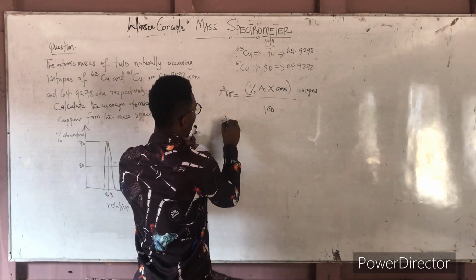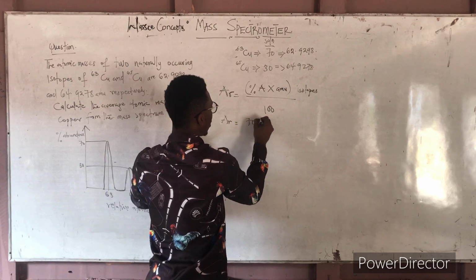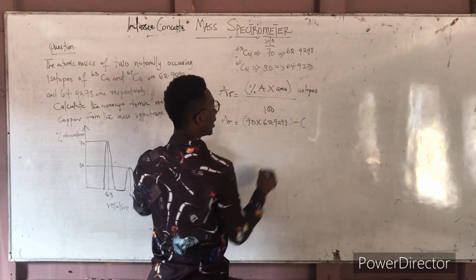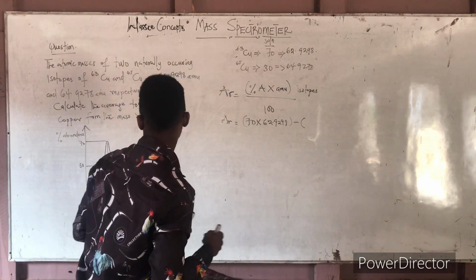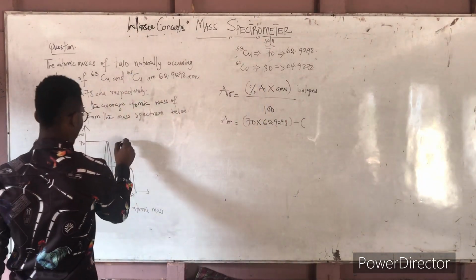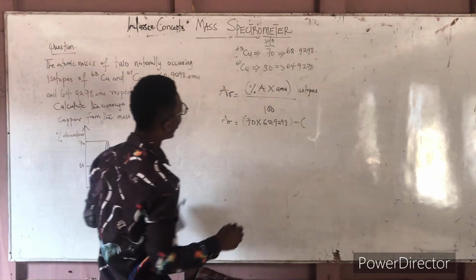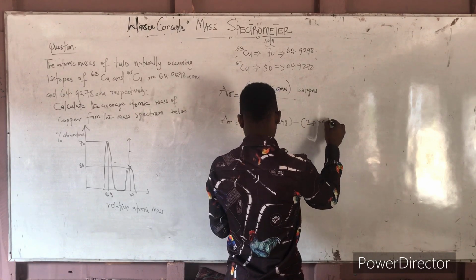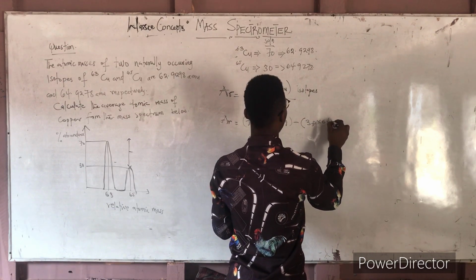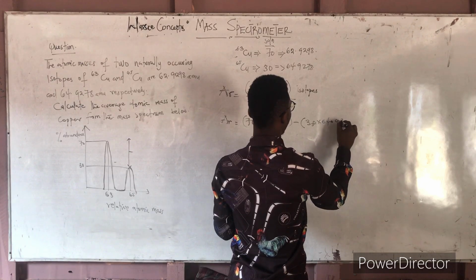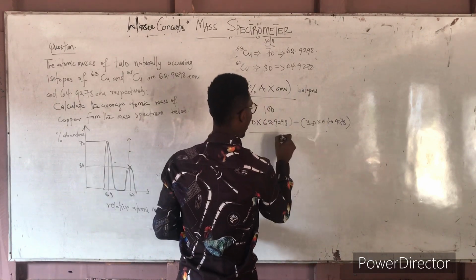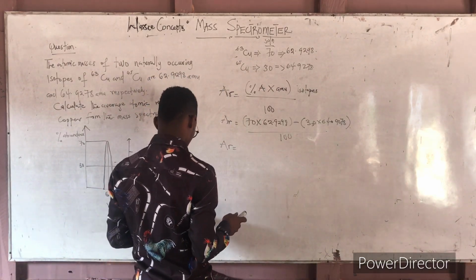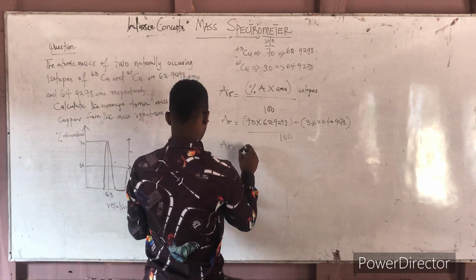So we get AR equal to 70 times 62.9298, minus, so we take the difference of it, 30 times 64.9278, all divided by 100.